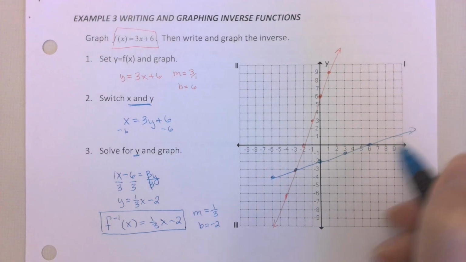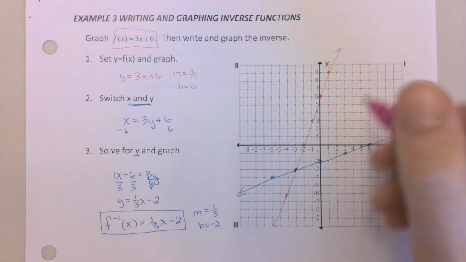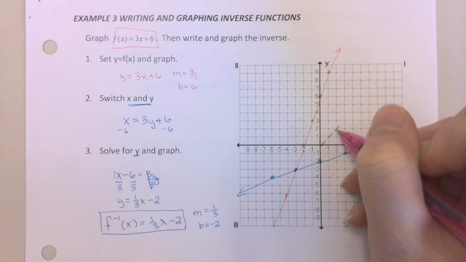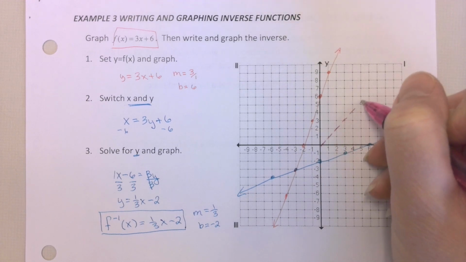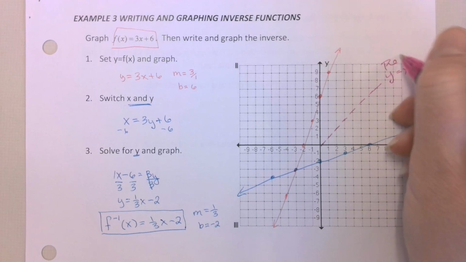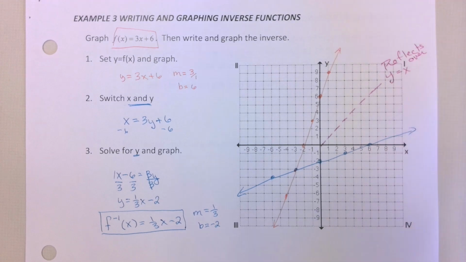But what I want to talk about here is that line of reflection. These graphs reflect over the line y equals x, and that line is right here at 1, 1 and 2, 2, and so we have our line y equals x. That is where it's reflecting, reflects over y equals x.